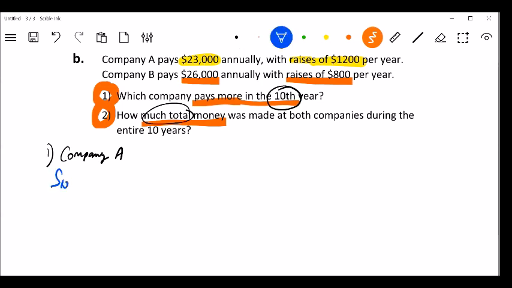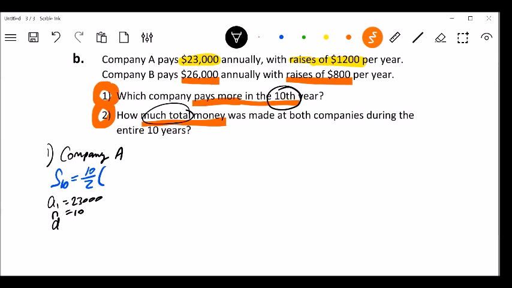So I need the sum at 10 years. So that means I need the n, which is 10 over 2. Now let's actually look at this. For company A, the first amount, a1, is 23,000. The n is 10.